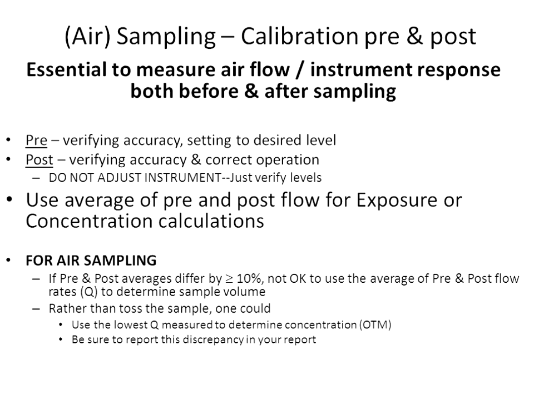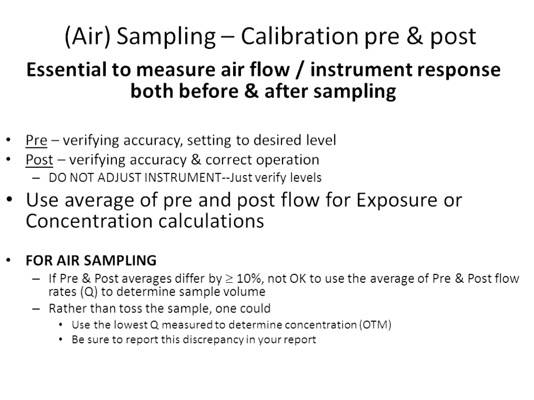We then would take the average of our pre and post and use that as our average flow and send that value to the lab so that they may calculate accurate concentrations. We do need to check though and ensure that pre and post do not differ by 10%. If they do, then we use the lowest value according to the OSHA technical manual.